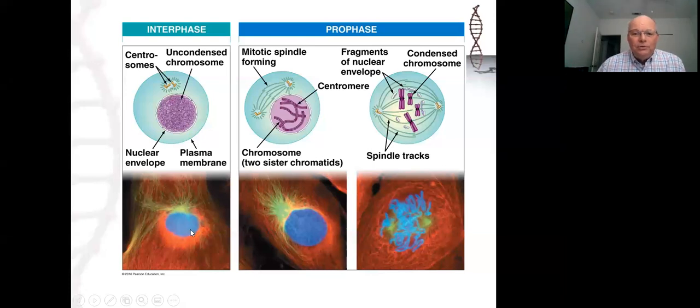So once we move from interphase into the first stage of mitosis, prophase, the key thing here is that the chromosomes begin the condensation process and they start to become visible. So compare this nucleus with this nucleus. Clearly the chromosomes are becoming visible. They're condensing now.